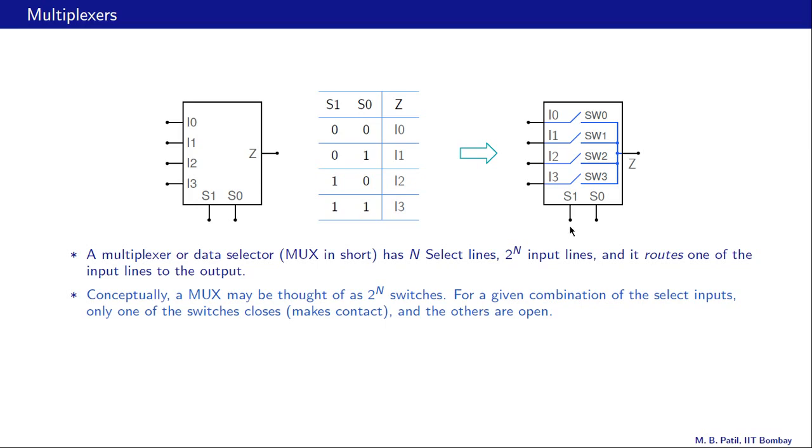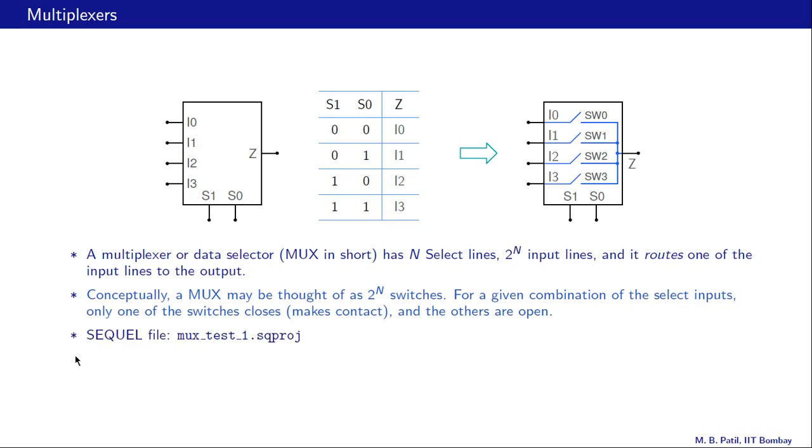If S1, S0 is 0, 0, then this switch called SW0 will close, and this line will then get routed to Z. If S1, S0 is 0, 1, then this switch SW1 will close, and then I1 will get routed to Z, and so on. So that is how we can think of a multiplexer conceptually.